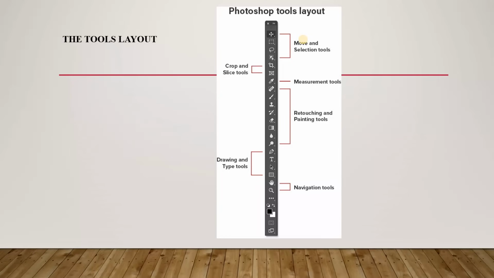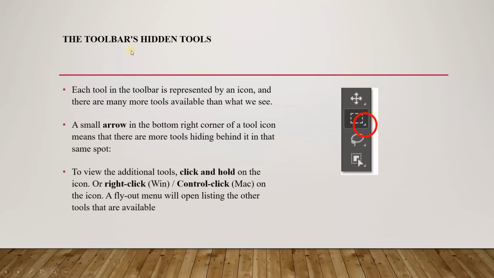Also we have some hidden tools here, which I have given the heading toolbar hidden tools. Hidden means some tools have an icon like this, a small arrow in the bottom right corner of the tool icon. When you click on it, you will get several options regarding this particular tool.